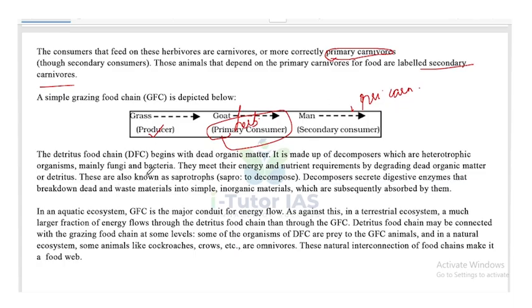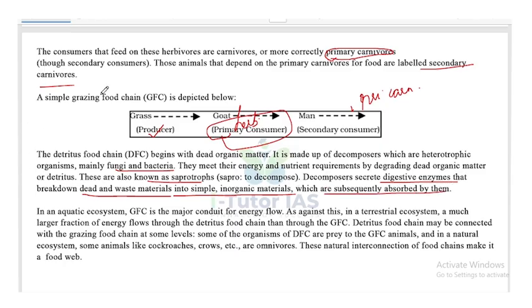The detritus food chain begins with dead organic matter. It is made up of decomposers, which are heterotrophic organisms, mainly fungi and bacteria. They meet their energy and nutrient requirements by degrading dead organic matter or detritus. These are also known as saprotrophs; sapro means to decompose. Decomposers secrete digestive enzymes that break down the dead and waste materials into simple inorganic materials, which are consequently absorbed by them.